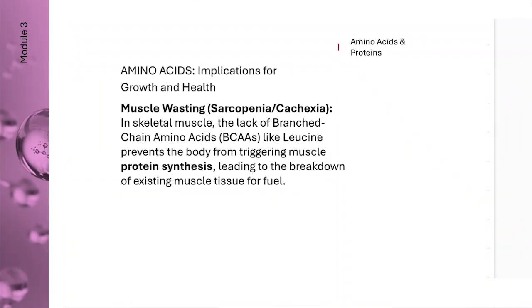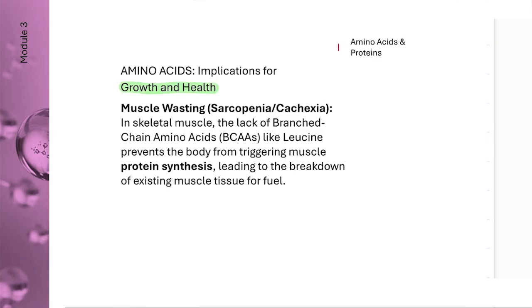So in this slide, we're going to be looking at how amino acids play a role in growth and health. This is connected to, you remember, when we're talking about tissue growth, children growing, they need a lot of proteins, right?